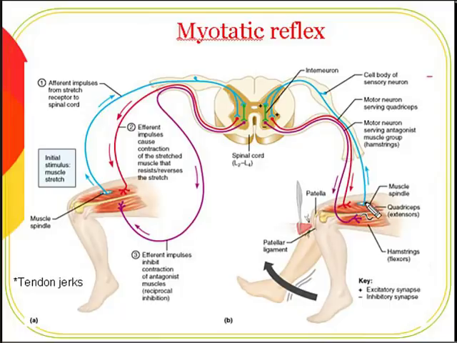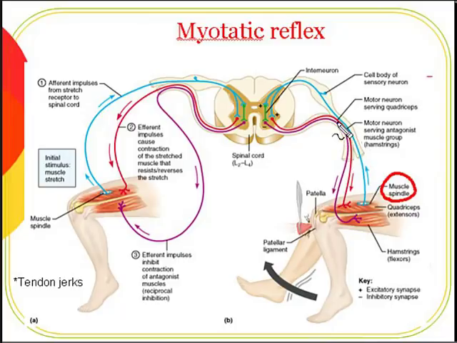As you tap this tendon up here, you can see the tendon is stretched. That stretching stimulates receptors which are present within the muscle, and those receptors are known as muscle spindles.